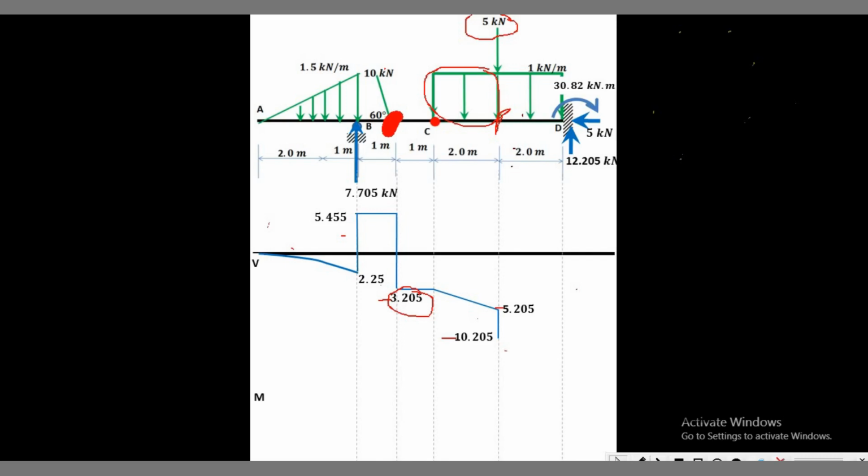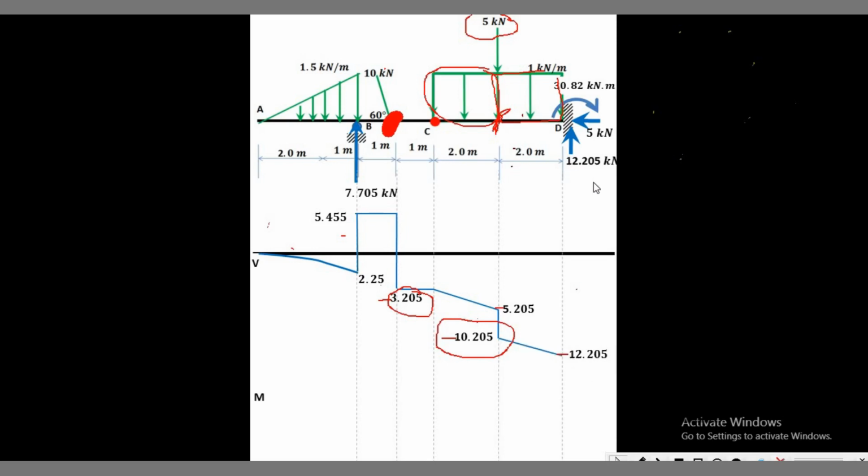Then, from this point hanggang kay point D, again, that is a rectangle. Nag-end ako kay negative 10.205 minus the area of this rectangle. That is equal to negative 12.205. So, i-connect ko lang ulit siya.